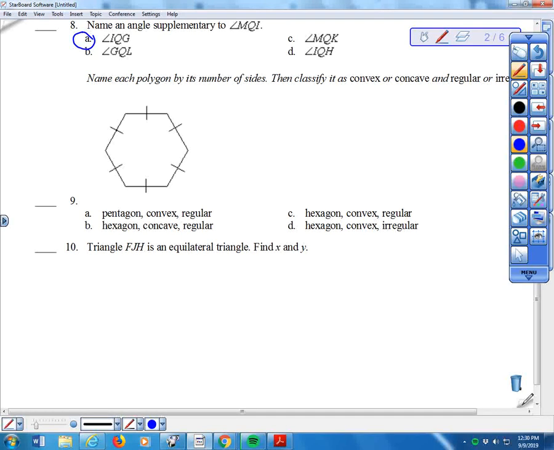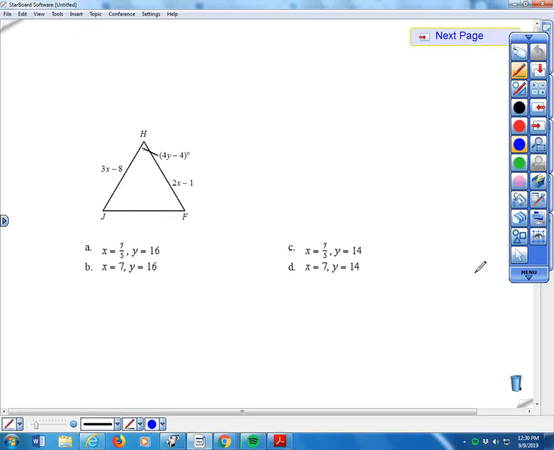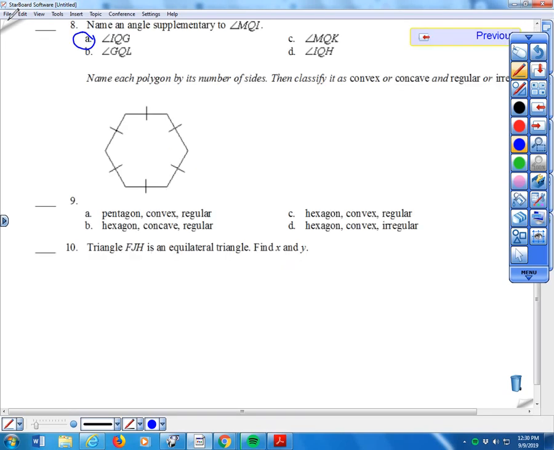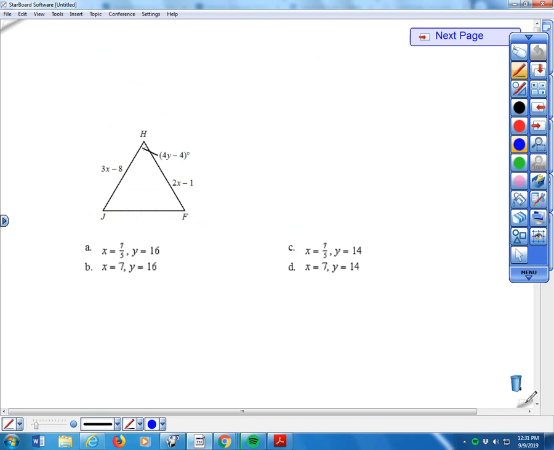Then the last one just had to do with an equilateral triangle. Triangle FJH is an equilateral triangle. So if it's equilateral, that means all sides are the same measure. So I know that 3x minus 8 is equal to 2x minus 1.